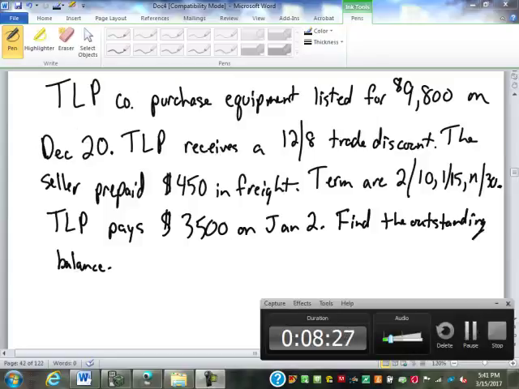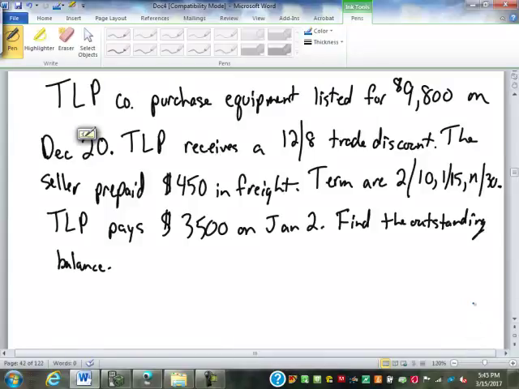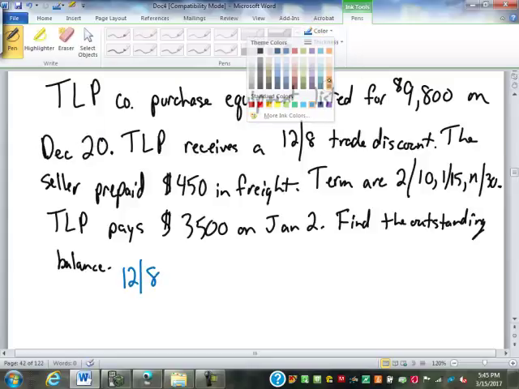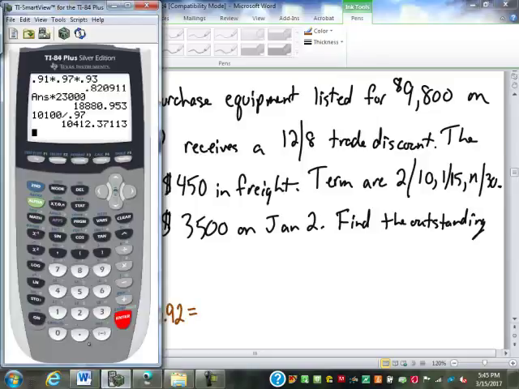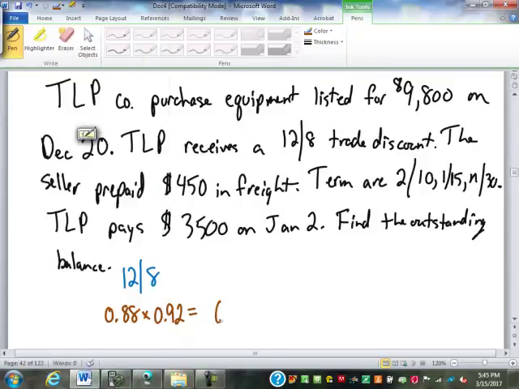So we'll pause this for you and give you a couple minutes. Okay, let's see how you're doing. So again, we're going to start out with that invoiced amount, and to find that, we're going to use that 12.8 trade discount. Of course, the 12.8 is going to be converted to 0.88 times 0.92. So 0.8096.